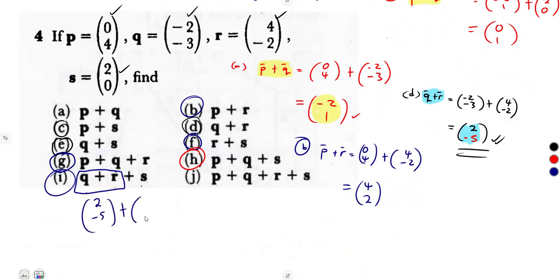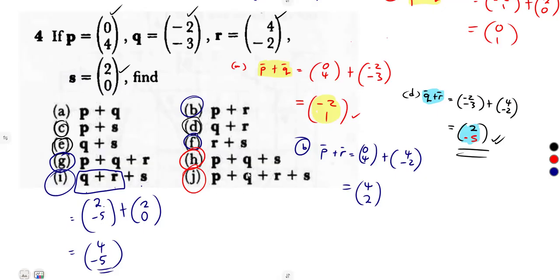Then we simply add vector S. Vector S is what? 2, 0, just like that. So this is it. So that was going to give us 2 plus 2, that's a 4, minus 5 plus a 0, that's what? Minus 5. So this is it.